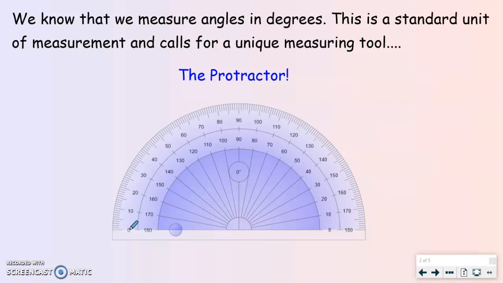And you can see there's a few elements here that I'm going to point out. There are two bands of numbers going across the protractor, and the reason for this is so that you can use the protractor any way. Most protractors are clear plastic, see-through, so that you can easily read the angle through the protractor. And the reason for the two bands of numbers is so that no matter which way the angle is pointing, when you lay the protractor on it, you can measure it.